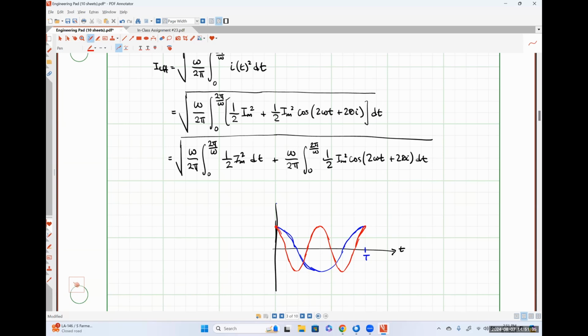So I have this area right here that represents 1/4 of a cycle of a sinusoidal signal. And then I have this area right here that represents 1/4 of a cycle of a sinusoidal signal. What would happen if I added those two areas together?